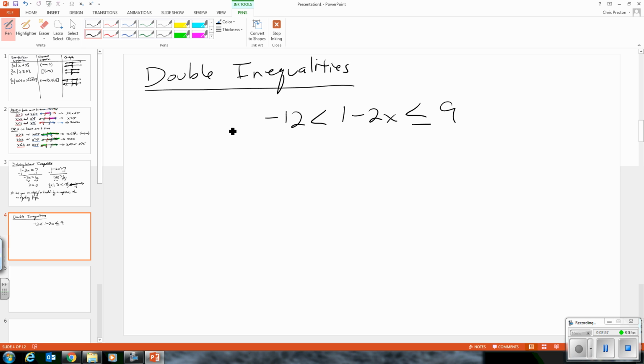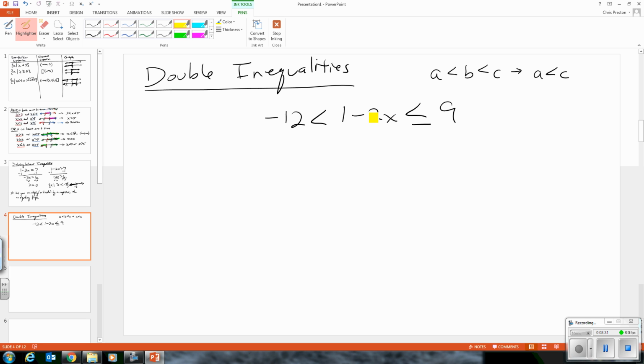For this statement to be valid, if you don't look at the middle, it's got to be true. -12 is less than 9. Is that true? Yes. This is what we call the transitive property. If A is less than B and B is less than C, then A is less than C. If you cover up that middle, the relationship on the outside has to be consistent. So we see that's true here.